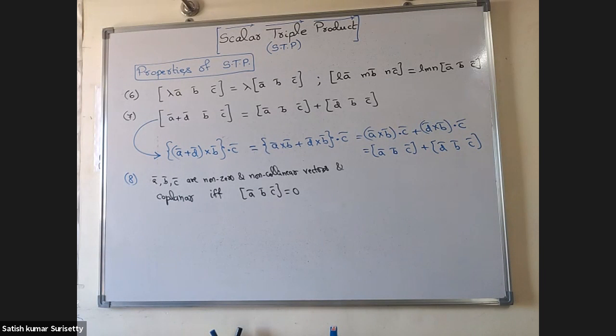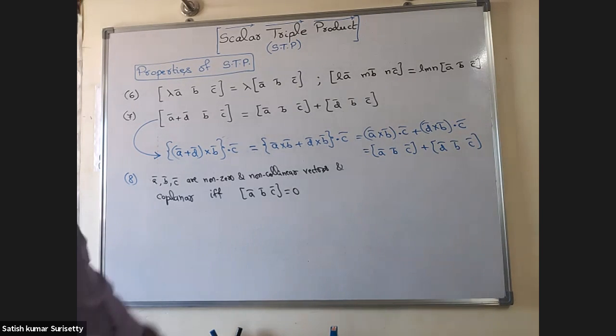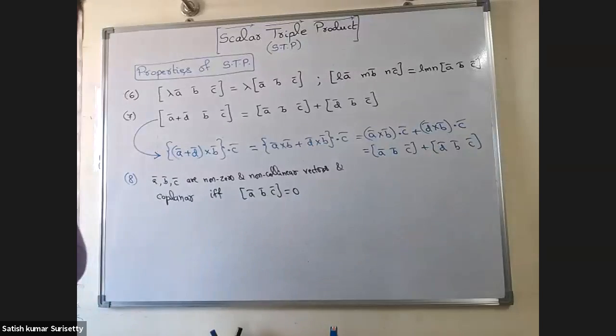So A bar, B bar, C bar are non-zero, non-collinear vectors and coplanar if and only if the scalar triple product of A bar, B bar, C bar equal to 0.